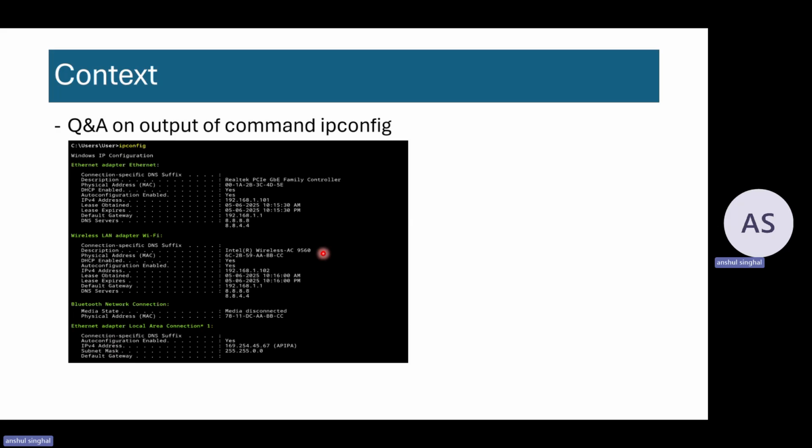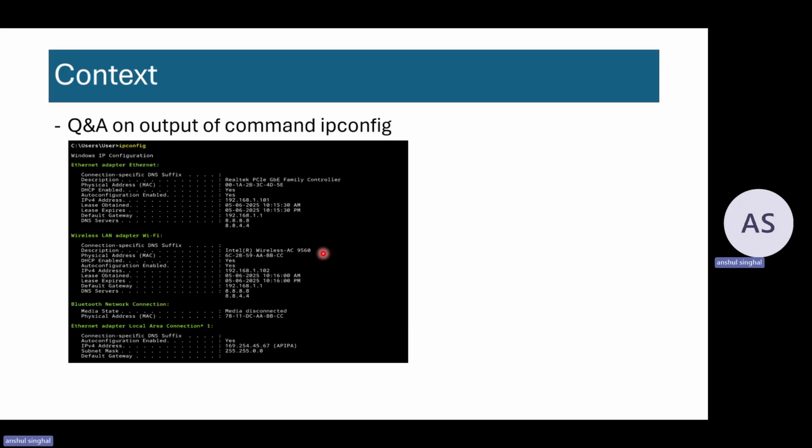But ultimately, this request should go to one of the Google servers. So this translation of host name to IP address is done by the DNS server. It maintains the mapping.